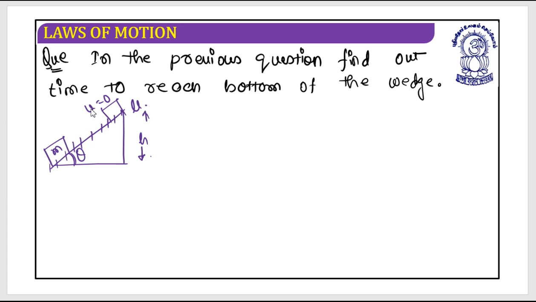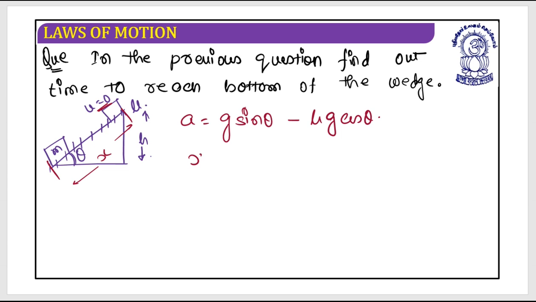So as I understood, the acceleration a could be written as a equals g sin theta minus mu g cos theta. Here it was at rest, so let's assume again this is x, and we can write x equals half a t square.